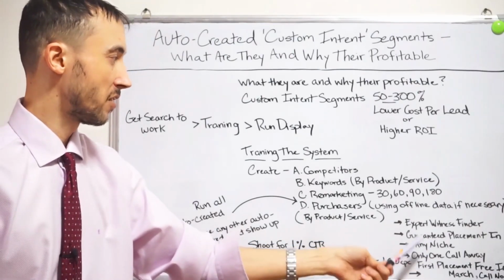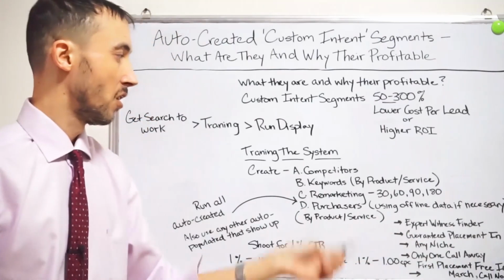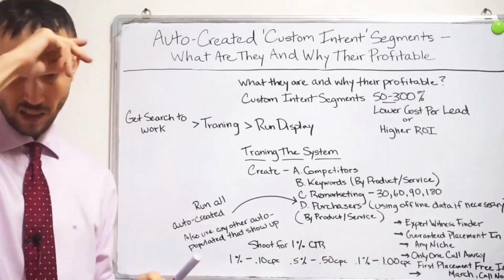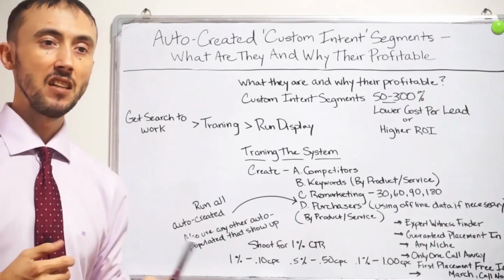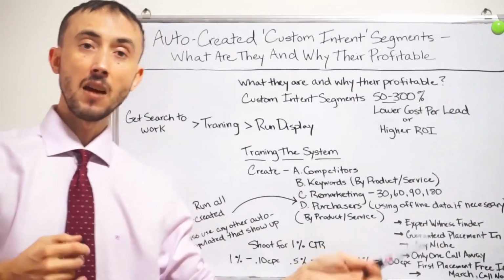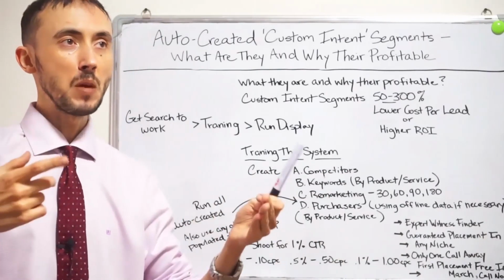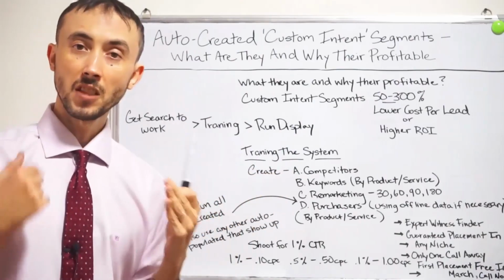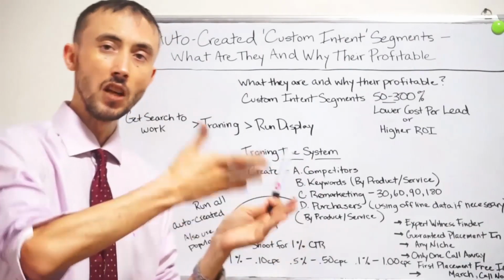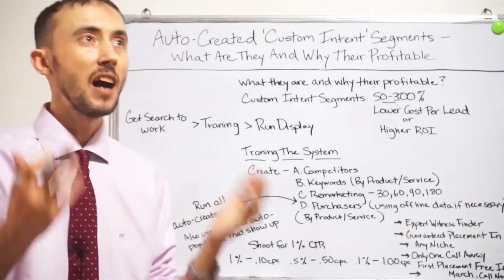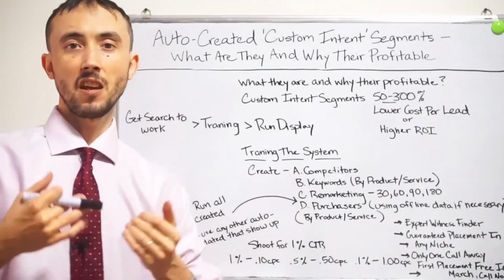Part of the interest was guaranteed placement in any niche, only one call away. So basically, we have what you want guaranteed. You just have to call us, and anytime that people are wondering something, you want to extinguish that in your advertising. So I wonder, if I call them, am I going to get it right away?